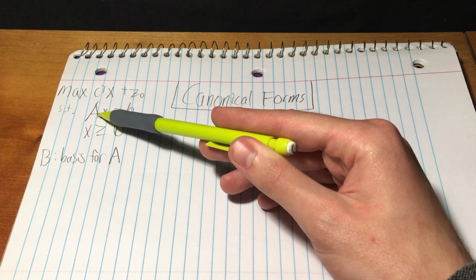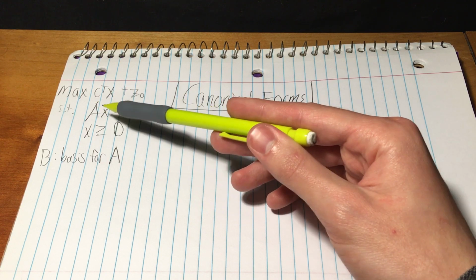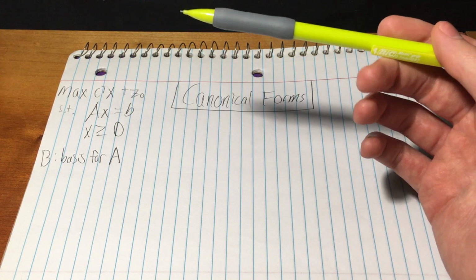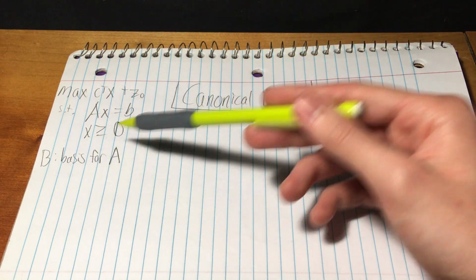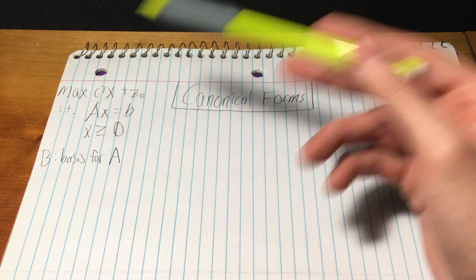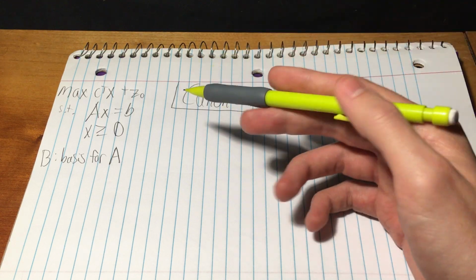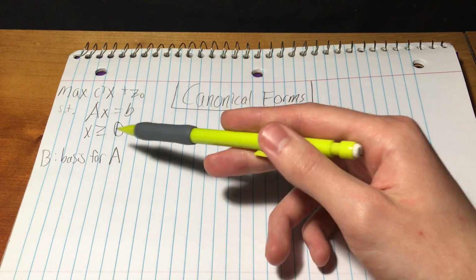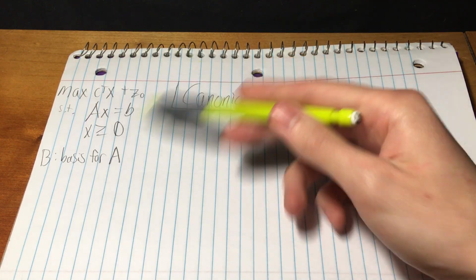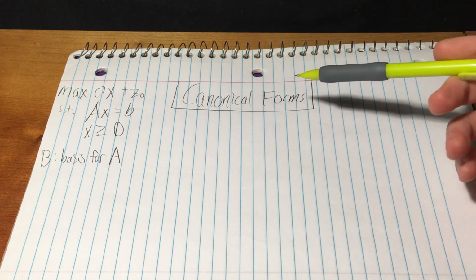That is to say, all the rows of this matrix A will be linearly independent. And so therefore, according to the previous video, when you take a basis of the matrix A and take the submatrix that corresponds to that basis, it'll be a square matrix that will be invertible, as we were discussing in the previous video. But okay, so that's where we're starting in this video, and we're going to show how to put this in canonical form.